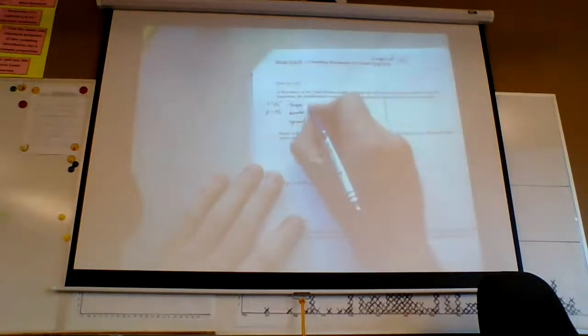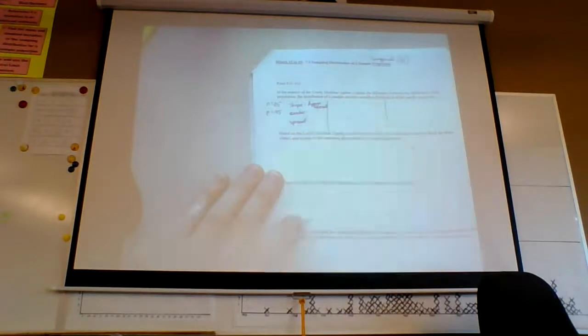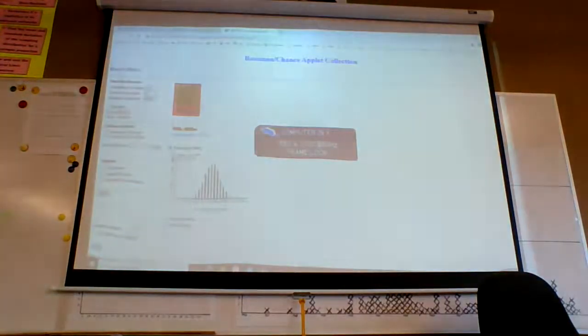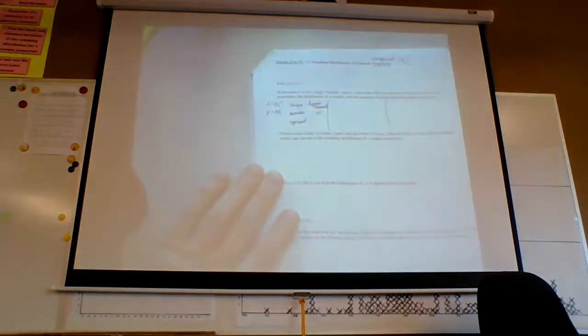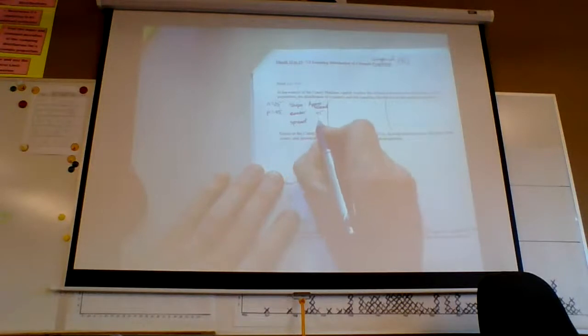Hopefully you say that it looked approximately normal. The center of the distribution, where was the dead center of it? Oh, it's right there, 0.45. And hopefully that makes sense, that this will be the exact same 0.45. The spread was 0.1.